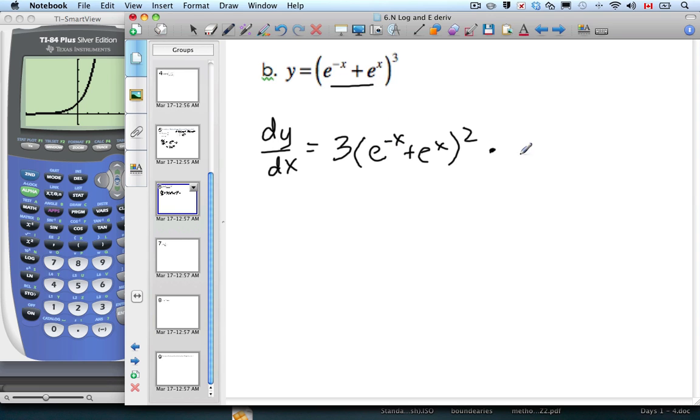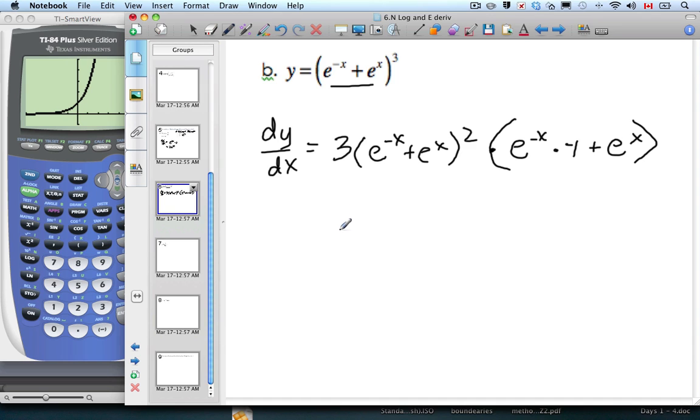So that's going to be e to the negative x times the derivative of negative x, which is negative 1, plus e to the x. I have to make sure we put parentheses around this whole thing, because it's the whole function, theirs are multiplied together.